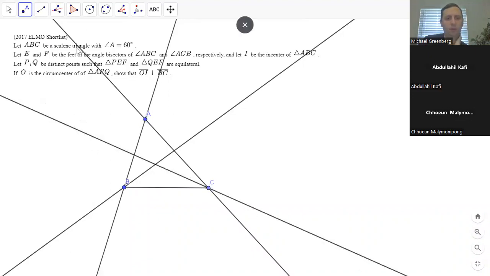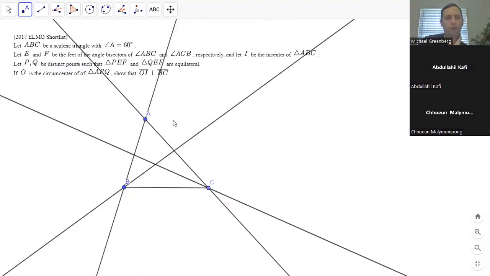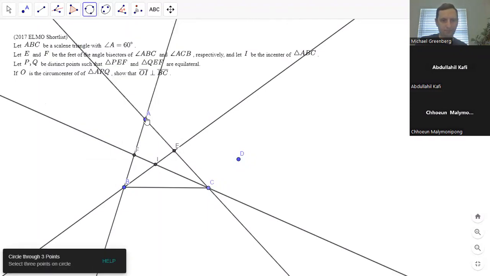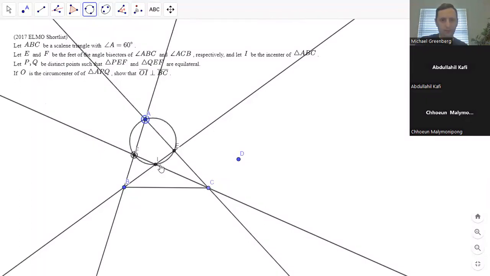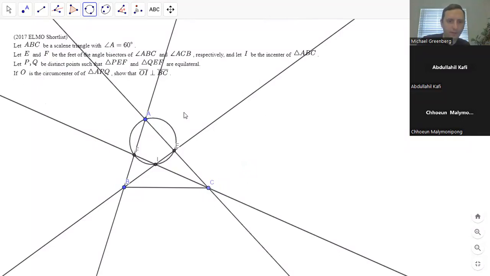So this quadrilateral right here is cyclic. So here's the incenter. And this should be E and F. And this should be cyclic. And PEF and QEF are equilateral.